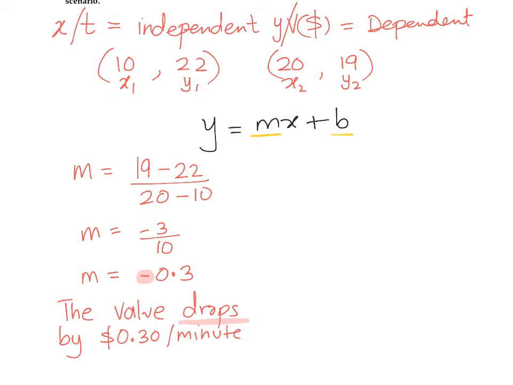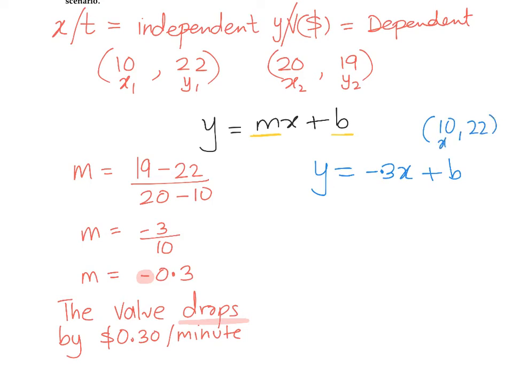Okay, so now we have the value of m. Now we have to work towards finding the value of b. So now our equation would be y equals -0.3x plus b. Now, if you remember, to solve for b, you could pick any point. You could pick (10, 22) or you could pick (20, 19) to figure out the value of b. Let's go with (10, 22).